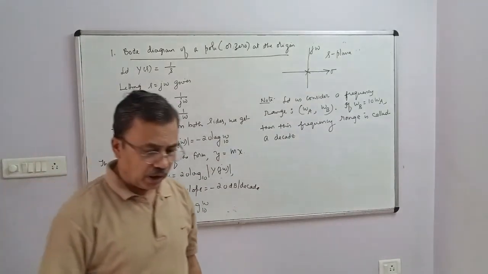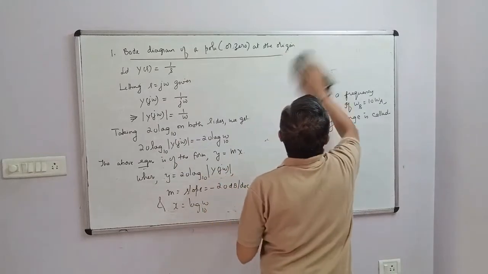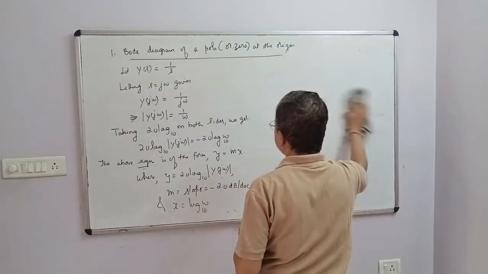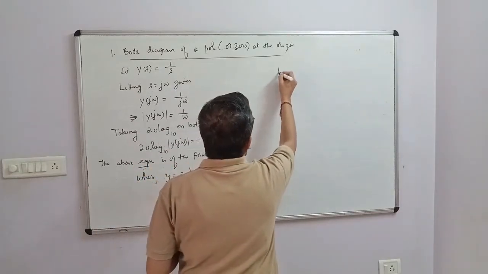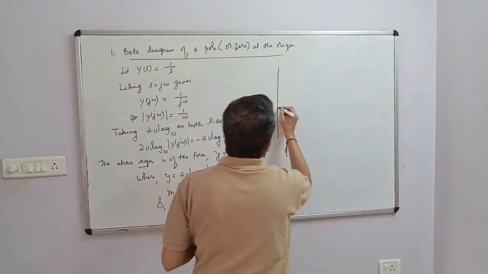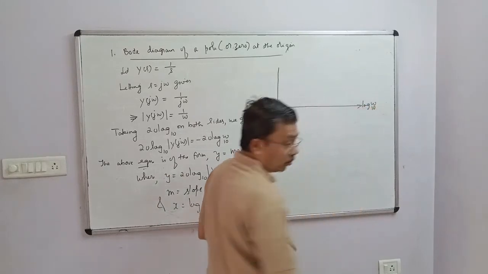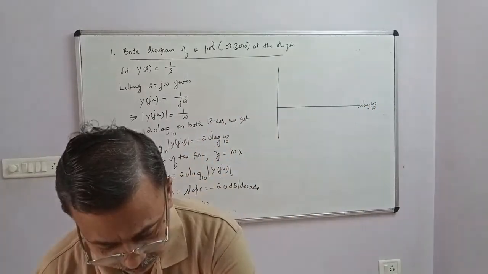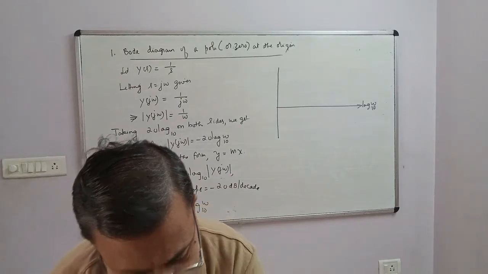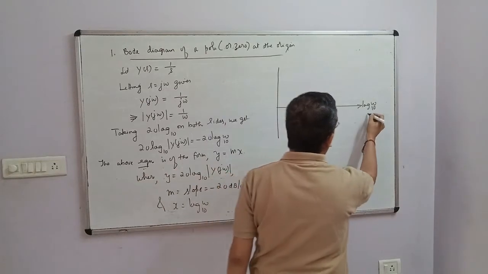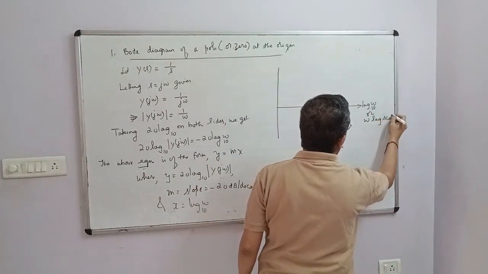Now I am going to draw the magnitude diagram. X-axis is log omega to base 10, or omega in log scale.